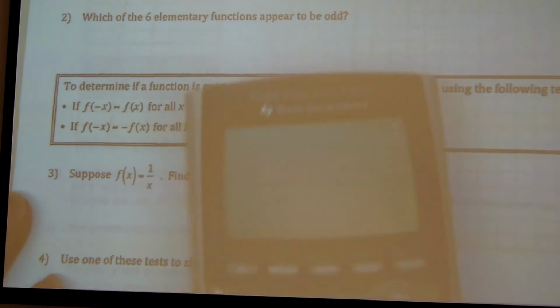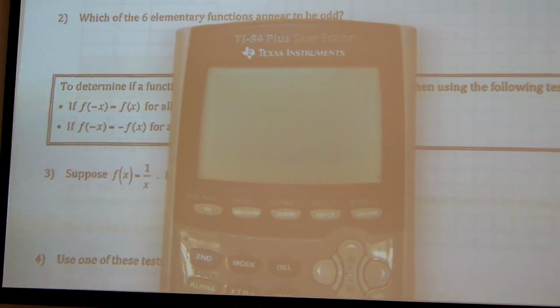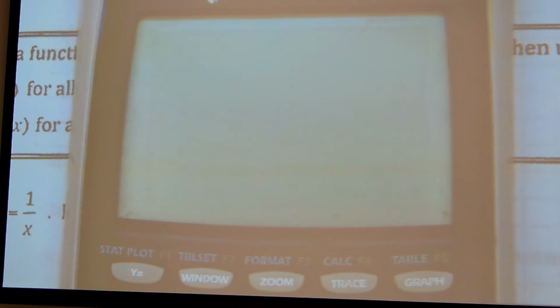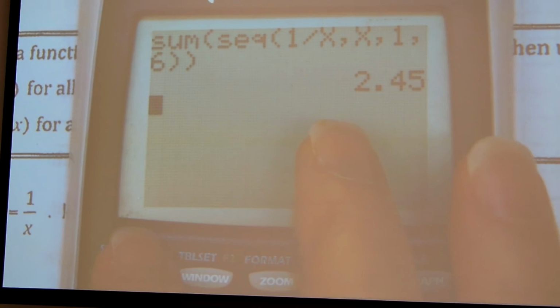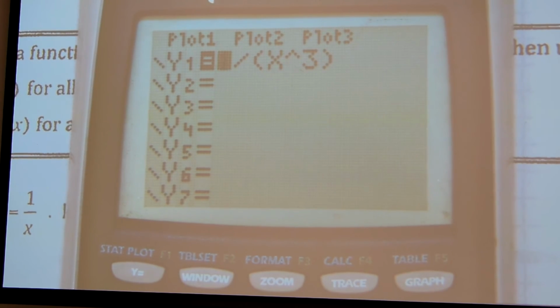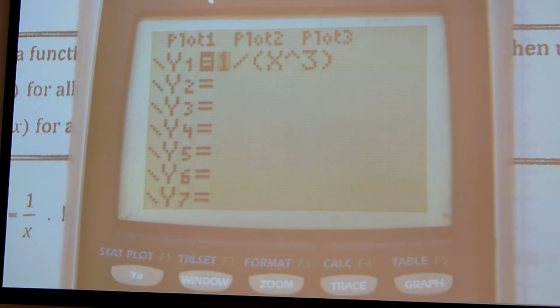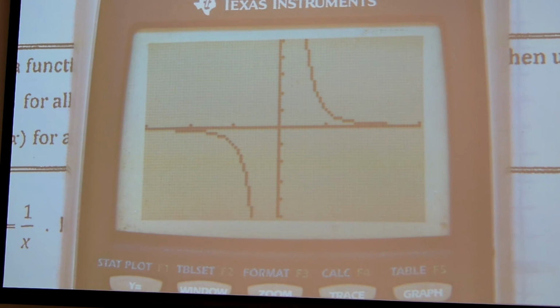Let me take a look at the symmetry on my calculator, see if you believe this. So if I go to my y list, I may already have it in here. I do. This is my example, right? 1 over x cubed. So I already have that in my calculator. And if I graph that function, it looks kind of like this. And do you believe that that has symmetry with respect to the origin and is therefore odd?